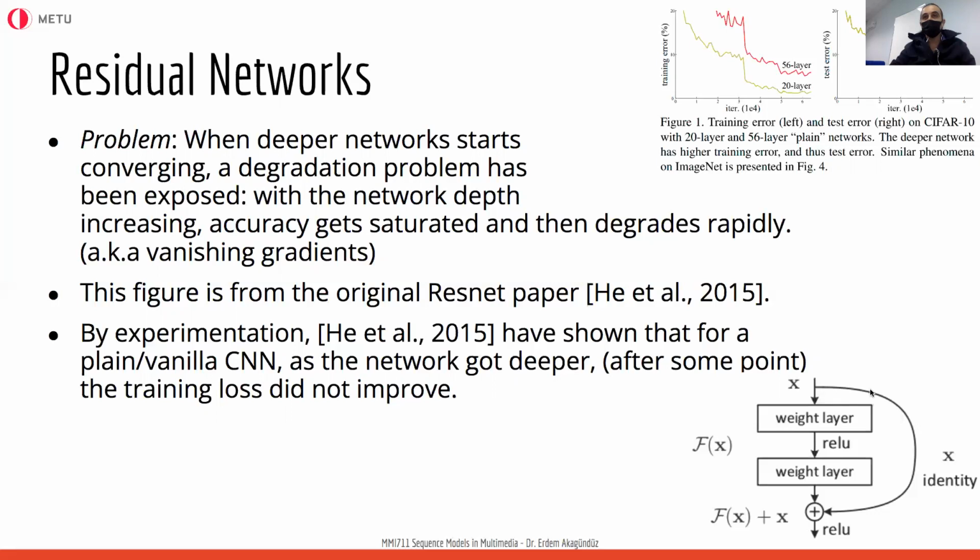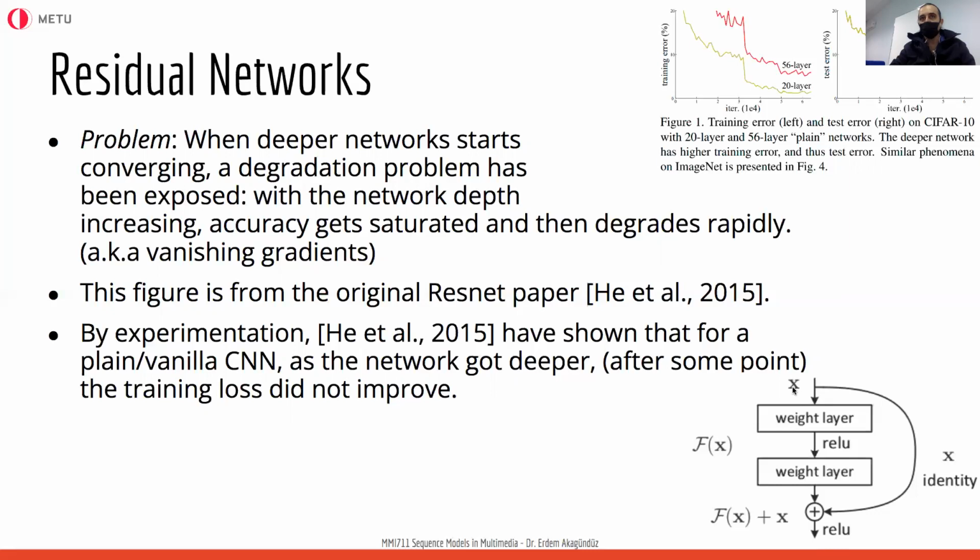He had this skip connection, the so-called identity connection, where the activations you have here are directly passed to here and summed up. So this representation here is summed up here.